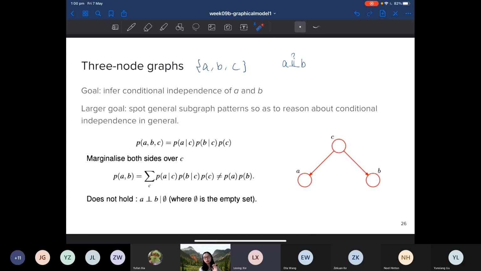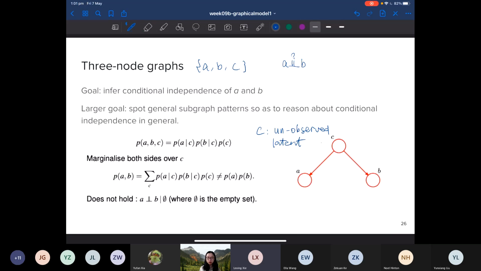So in here, we also inherit the notation that C is unobserved or latent, right? So if we don't observe C, we basically marginalize, and we wonder if the probability of A and B, the joint, is independent or not.